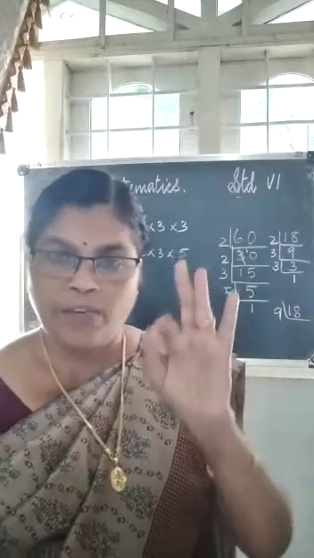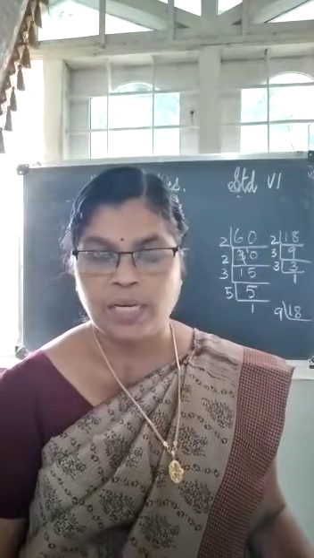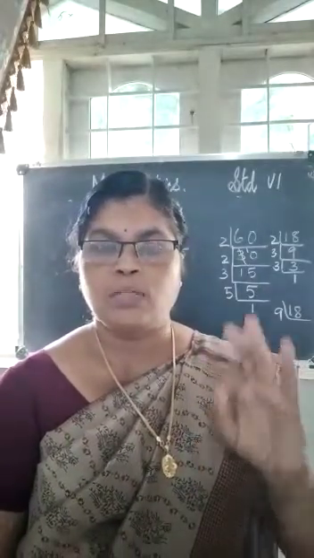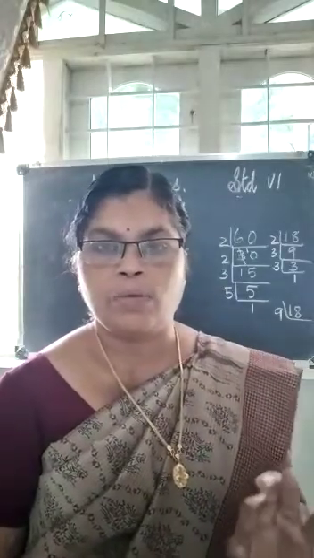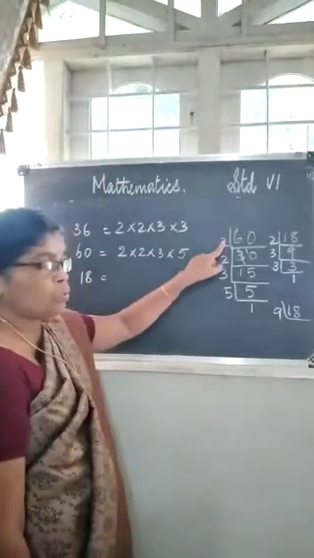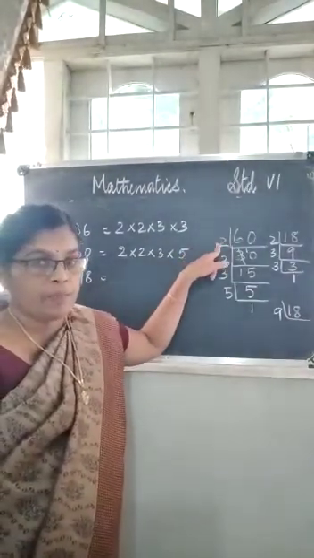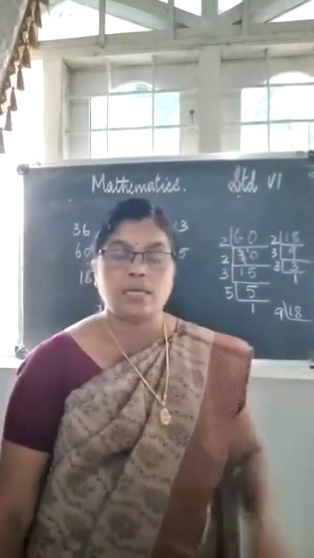So in the prime factorization only prime numbers are included. I hope it is clear to you. We have to select only the prime numbers. Here we have selected 2, then again 3. 10 is also a factor, but we will not write it in the prime factorization, because 10 is a composite number.